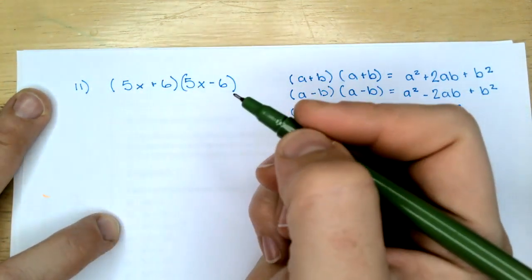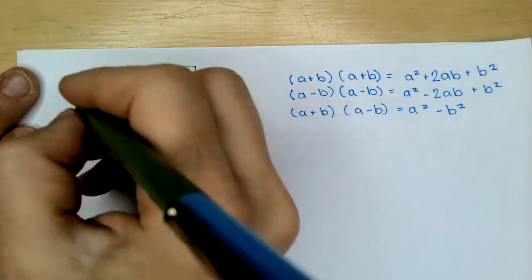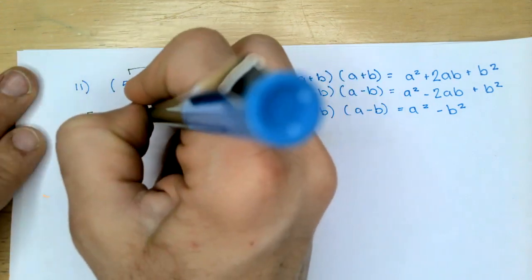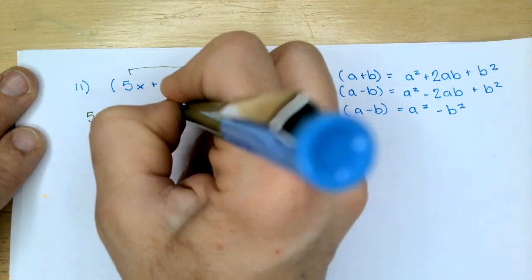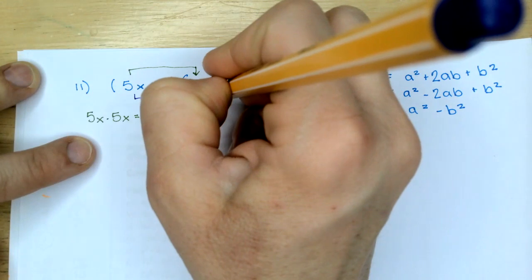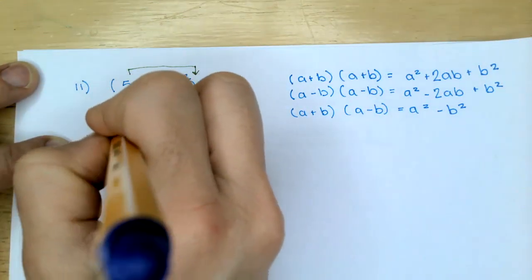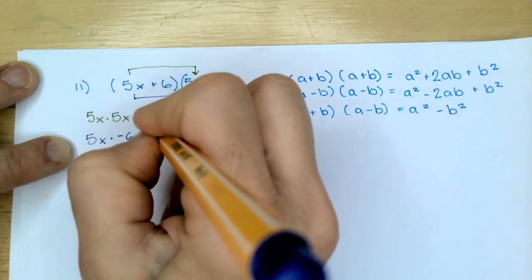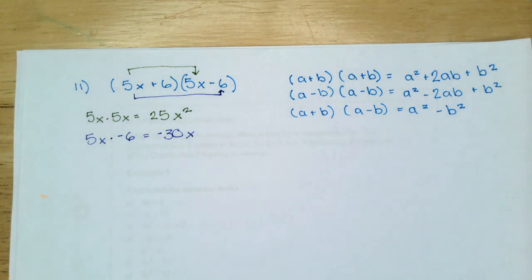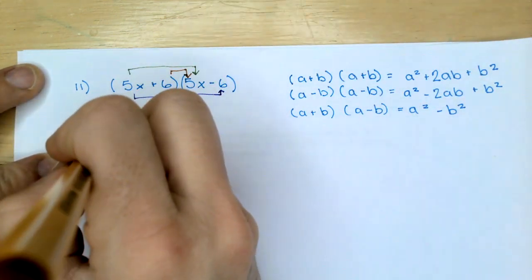If you FOIL this as we FOIL anything else, you get 5x times 5x as your first term. So 5x times 5x is 5 times 5 is 25, x times x is x squared. Then you're going to go to 5x times negative 6, 5 times negative 6 is negative 30, and then the x. Then we'll go to a positive 6 times a positive 5x.